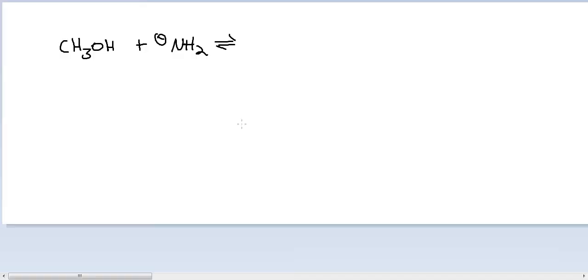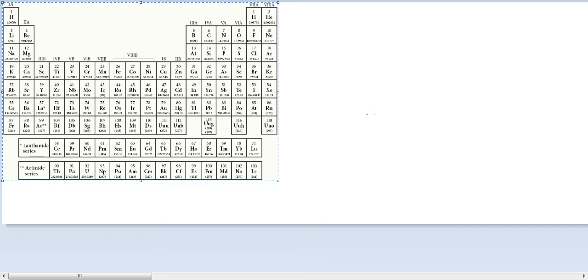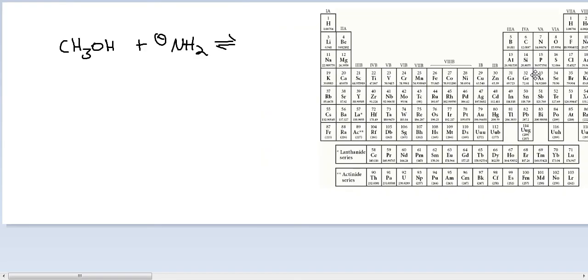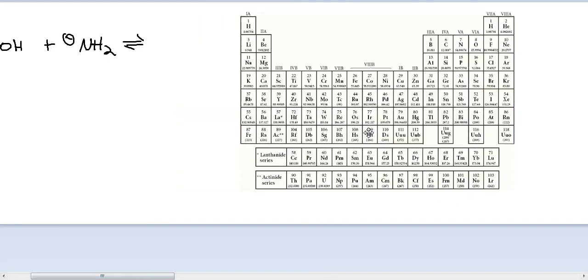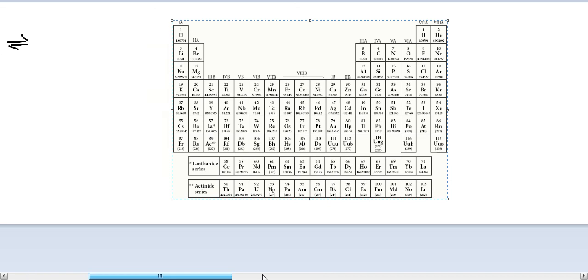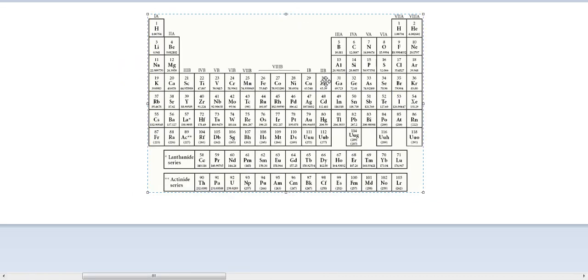Go back to Paint. Alright, so as you can see on the periodic table, the trend going from left to right is increasing acidity. So oxygen is more acidic than nitrogen.